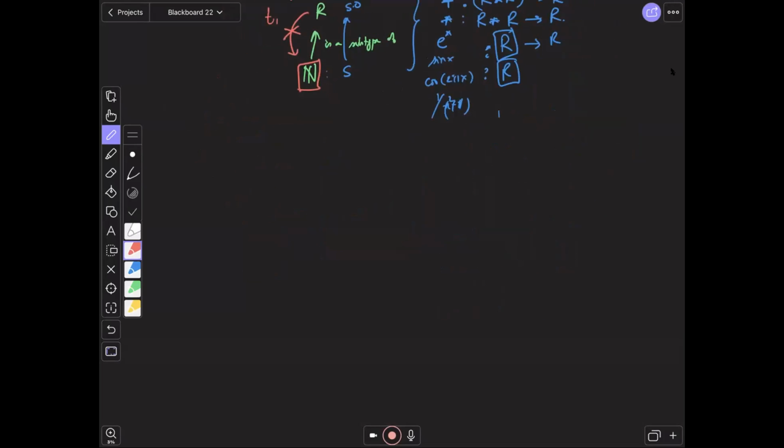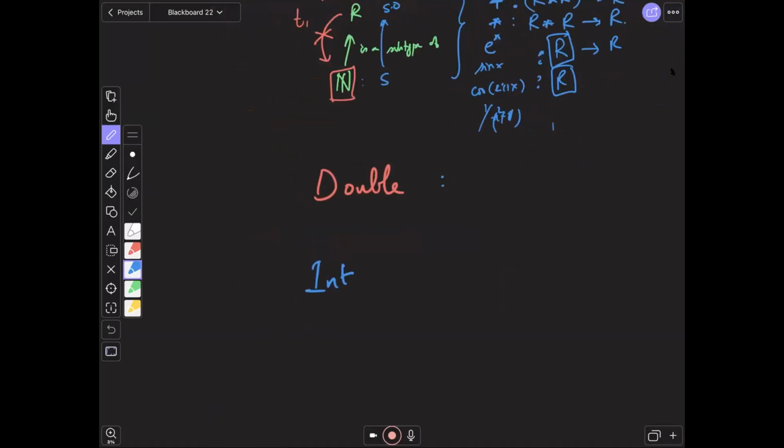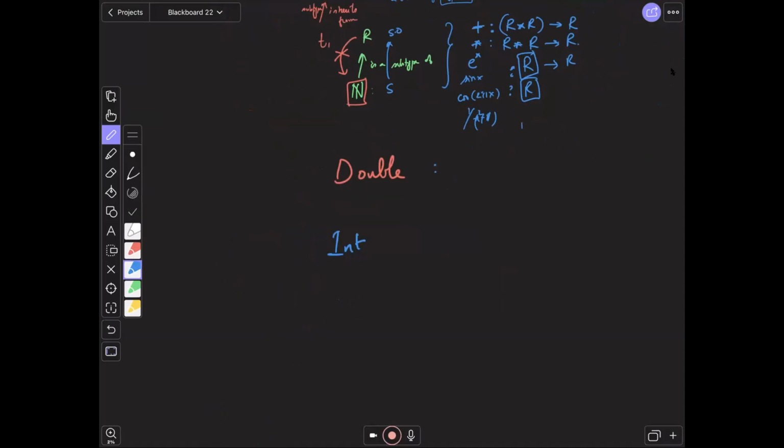Let's take the type double in a computer. Many of you must have taken 2400, so you actually know what a double is in a computer. What's a double precision number? And let's take the type int, but not our natural number, the God-given one.